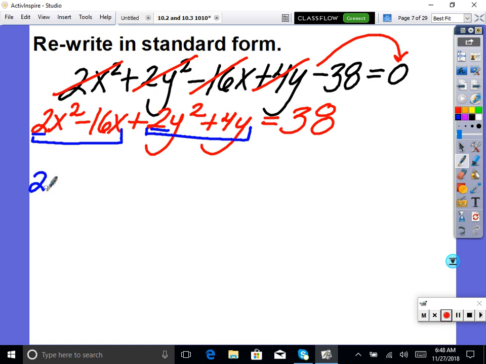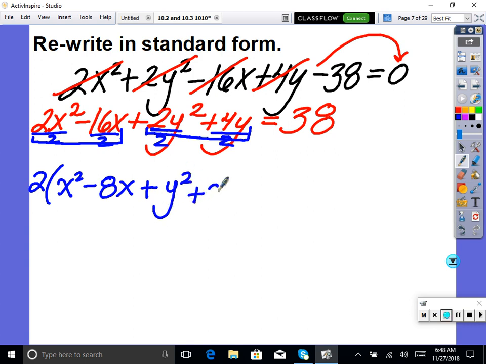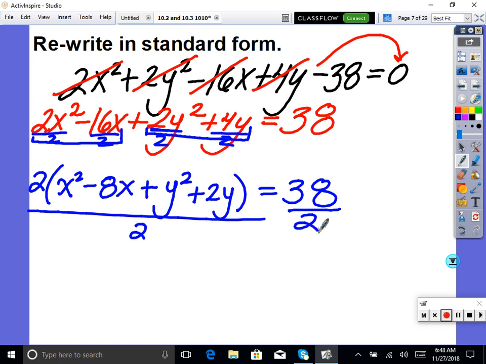So now we have x squared minus 8x, then we have a plus sign, then we have y squared plus 2y, and that's equal to 38. So now we want to get rid of the 2, divide both sides by 2. So now we just have x squared minus 8x plus y squared plus 2y equals 19.